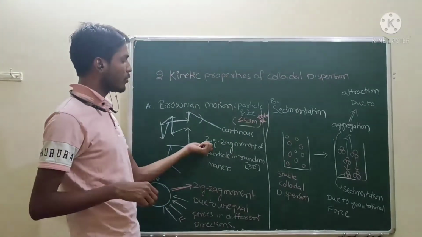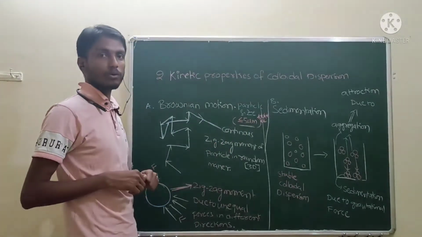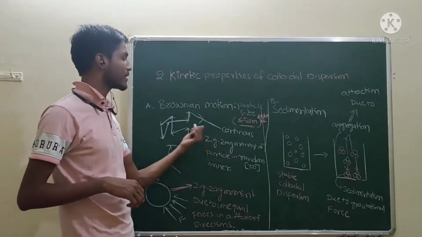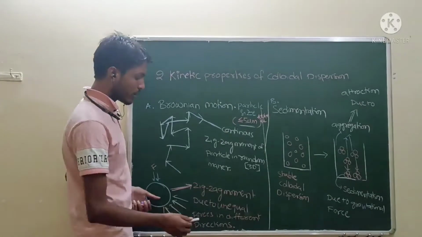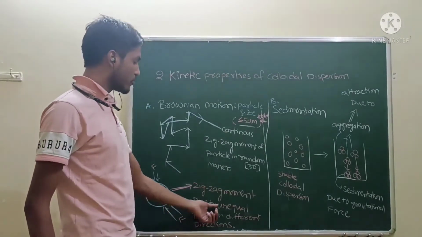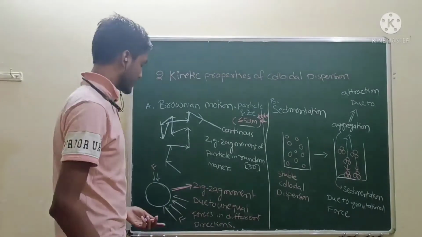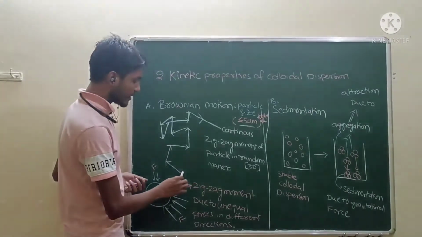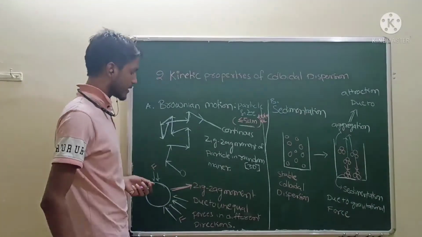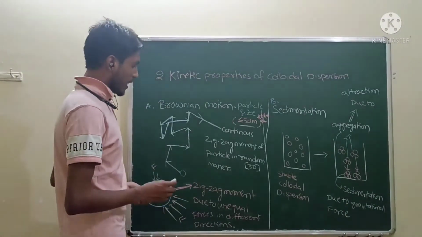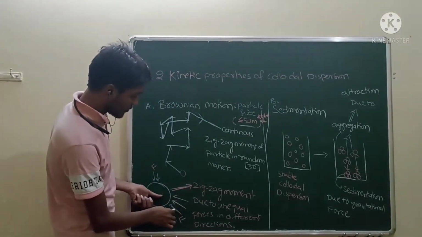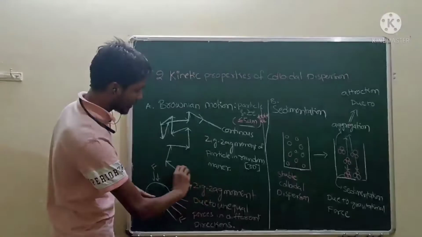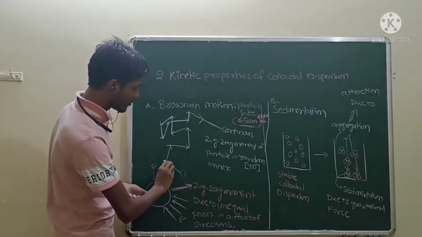And how is the zigzag movement of a particle produced? The zigzag movement of a particle is due to unequal forces in different directions. See, the first starting particle is present here. Unequal forces means there is more force. See 1, 2, 3, 4, more force acting from this side. Then the particle is moving like this.